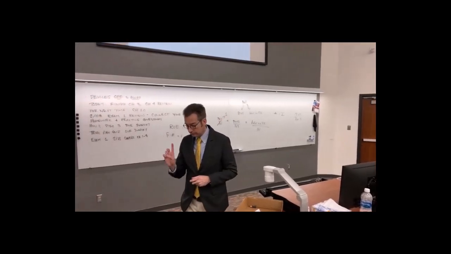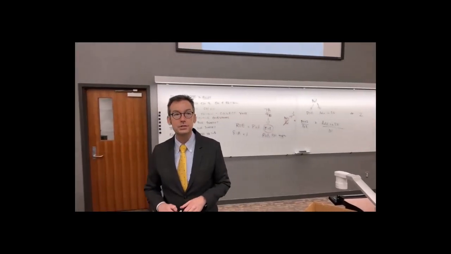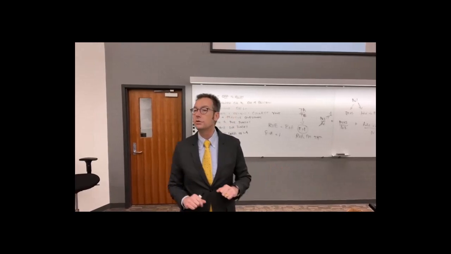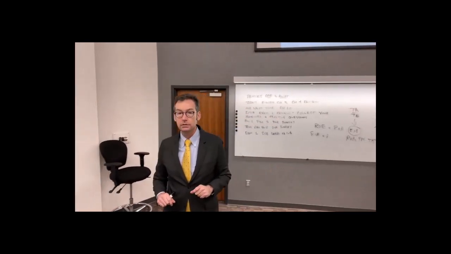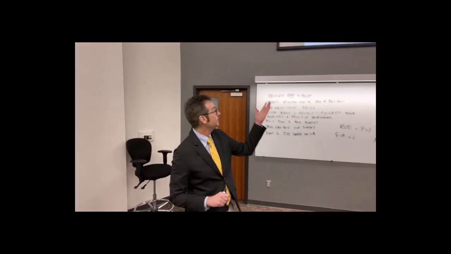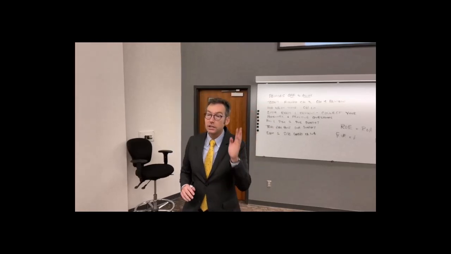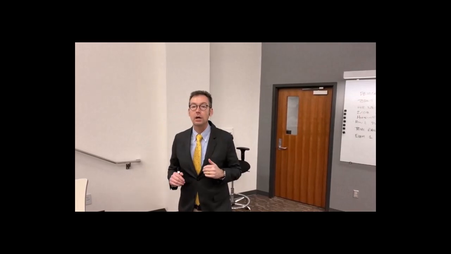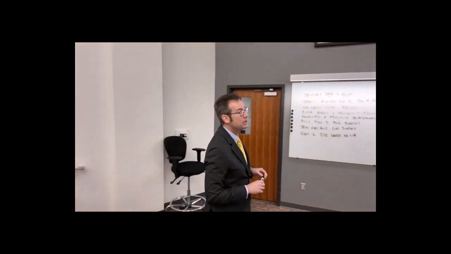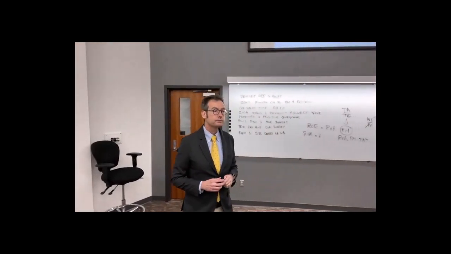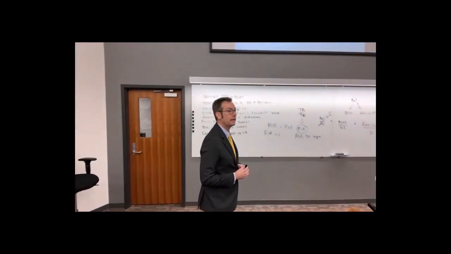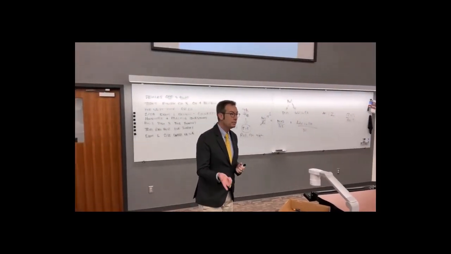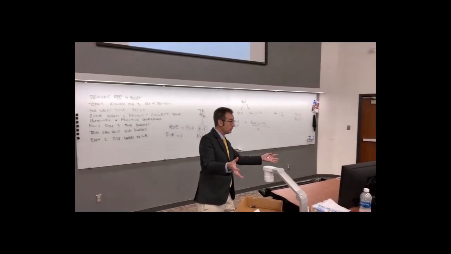Holding all else equal, if future value goes up, what happens to present value? It's right there in the equation. If future value goes up, what happens to present value? Yeah, it's got to go up, right? What happens if R goes up? If R goes up, you're dividing by a larger number.